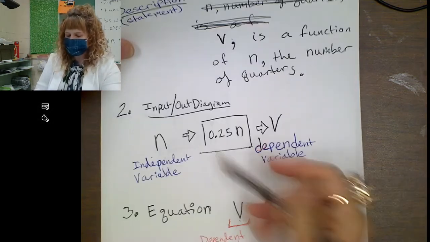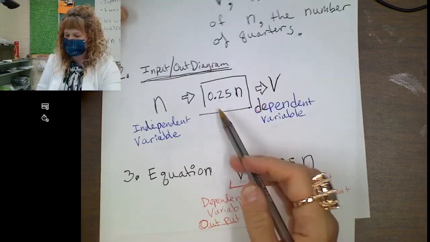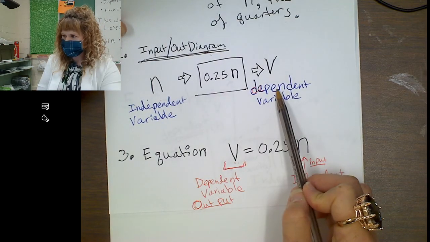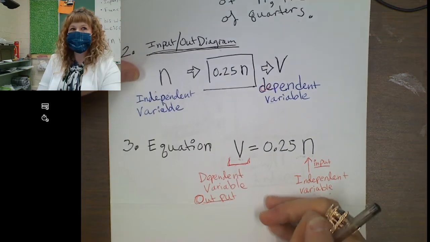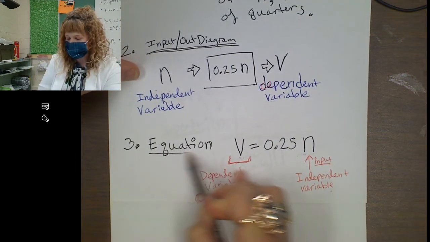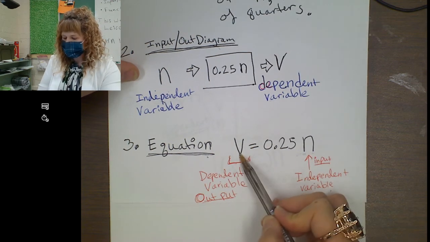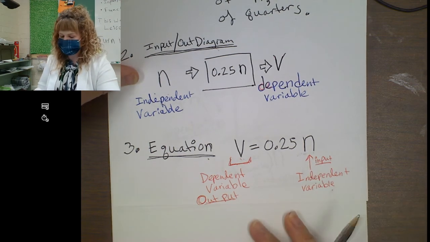You have learned that the same function can be represented as an input-output diagram, where the output depends on the input. You have learned to represent the same function with an equation. The output, v, depends on n, the input.